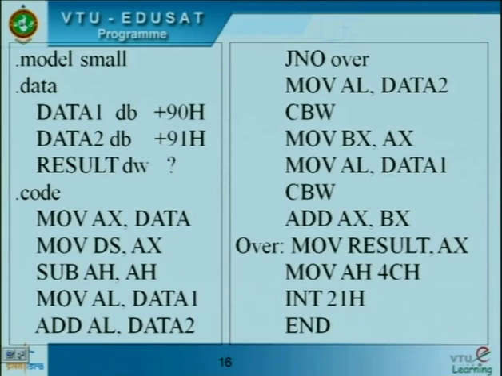This is only to make sure that the AH register is equal to 0. Then the first data is moved from the memory location pointed to by data 1 into the AL register, and the content of AL is added with data 2.